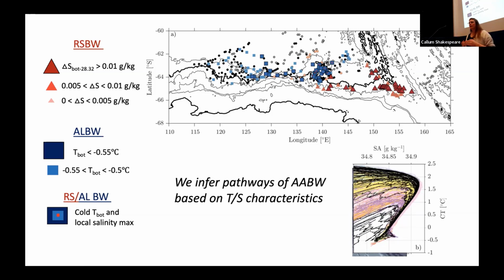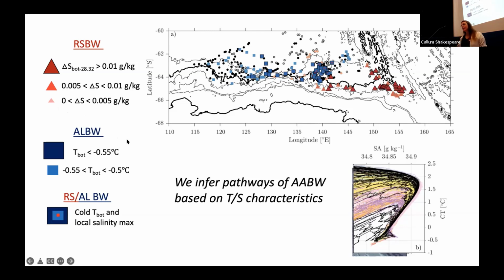If it's slightly weaker, we think it's maybe standard Ross Sea bottom water. And if it's even weaker, we think it's this kind of weak signature. But even in these very light, small pink triangles, there's still an increase of salinity at depth, so there's still some suggestion that there's remnant Ross Sea bottom water there.